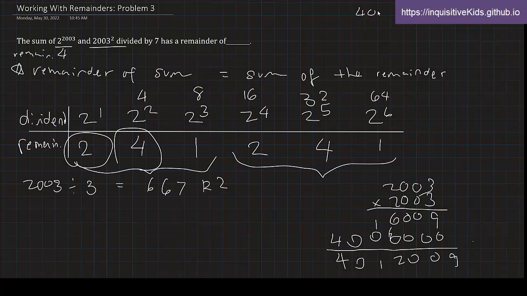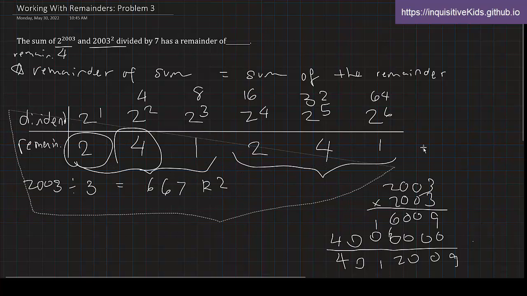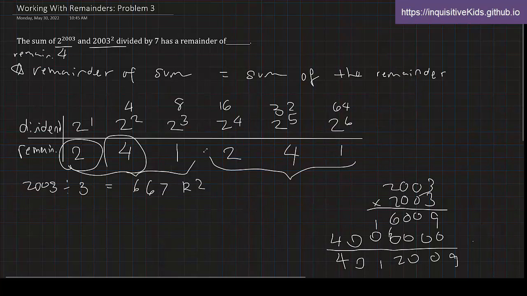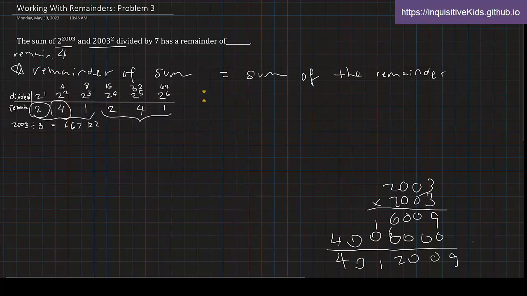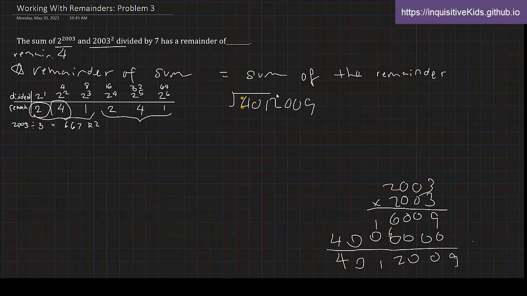I'm going to make this smaller so we have more space. So we're going to have 4,012,009 divided by 7.